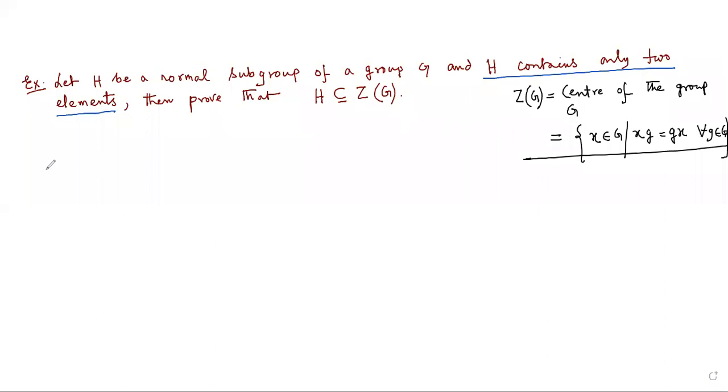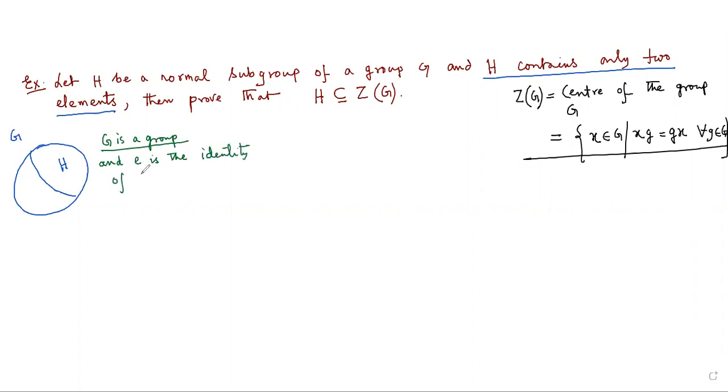Now you see that if I have this group capital G, and in this group we have a subgroup capital H, then since G is a group, and if e is the identity of G, then I have already told you that in the current scenario, this identity element e will belong to the set H. The subgroup will contain the identity element.